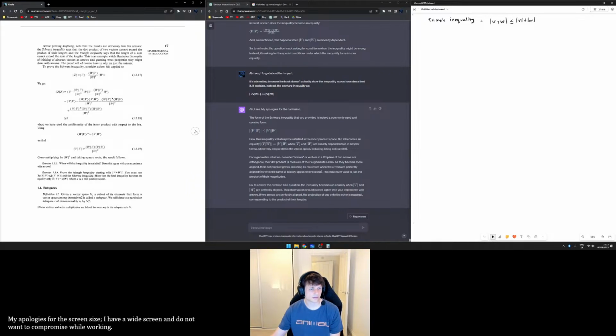And then it says prove the triangle inequality starting with v plus w squared. You must use the Schwarz inequality.